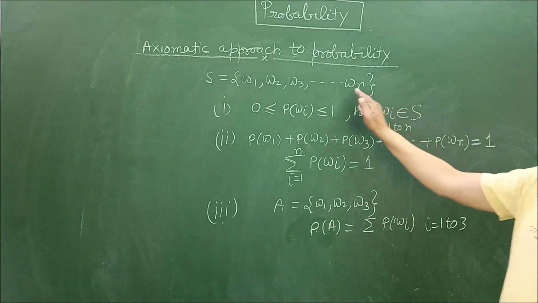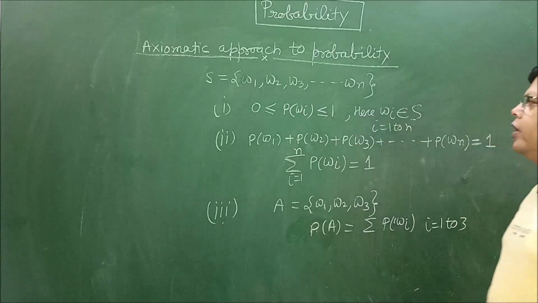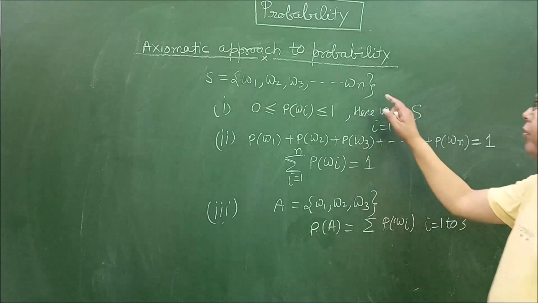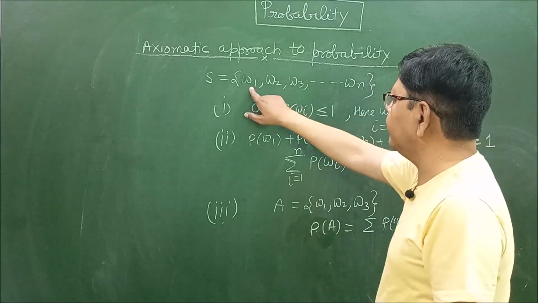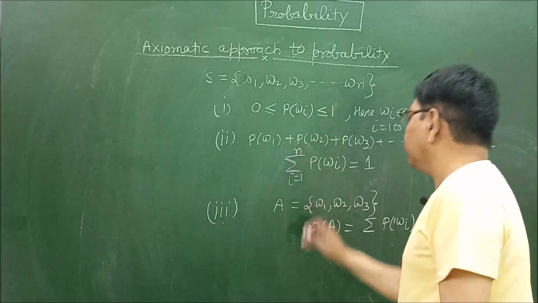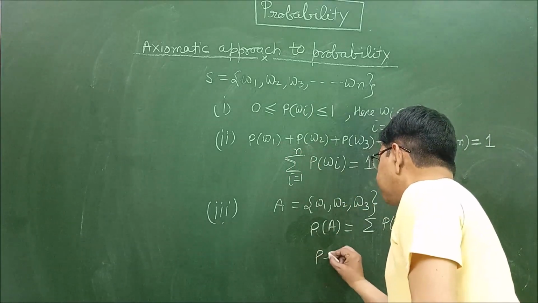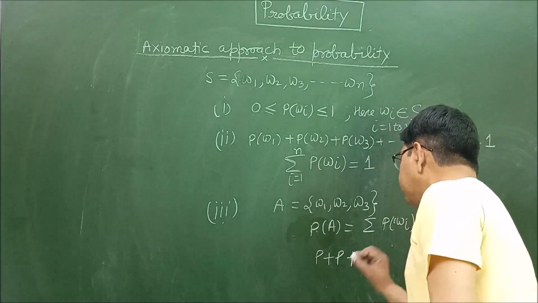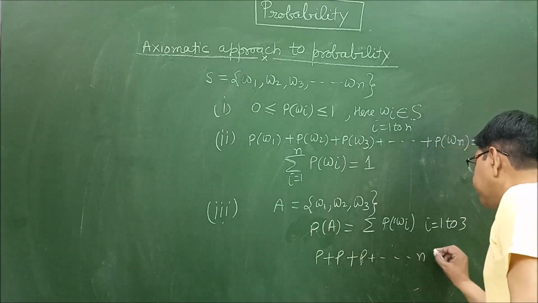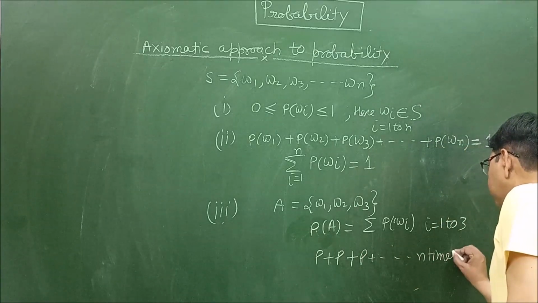Now suppose all these elementary events are equally likely. Let the probability of each elementary event be P. Then there are n events, so P plus P up to n times is equal to 1.